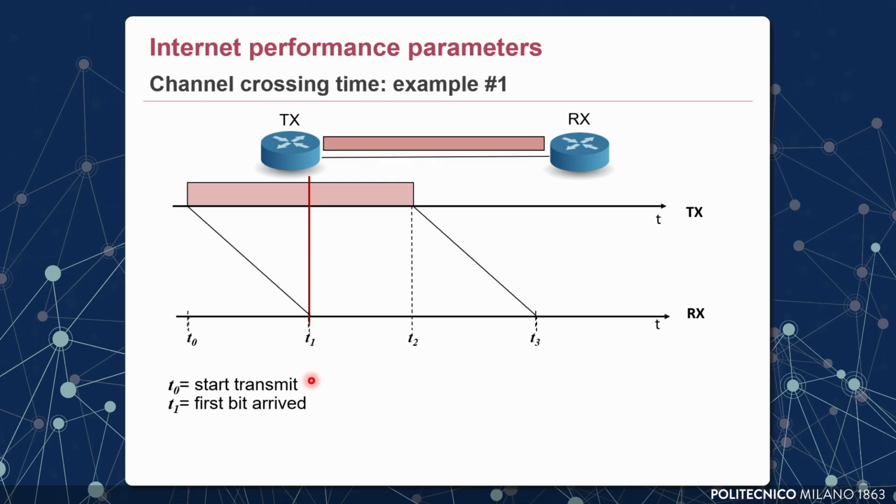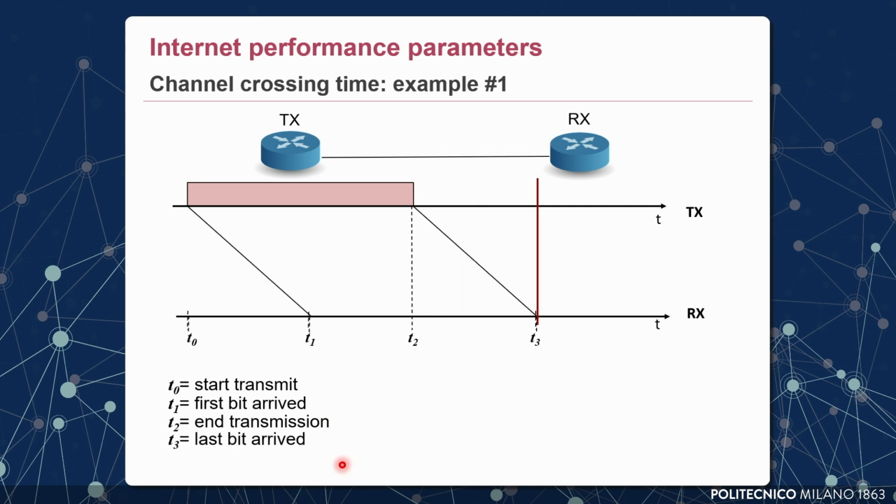Time t1 is defined as the time in which the first bit arrives on the receiver Rx. Time t2 is defined as the time which we need to end the transmission or to transmit the last bit. Instead, time t3 is the time which we need to receive the last bit on the receiver side.